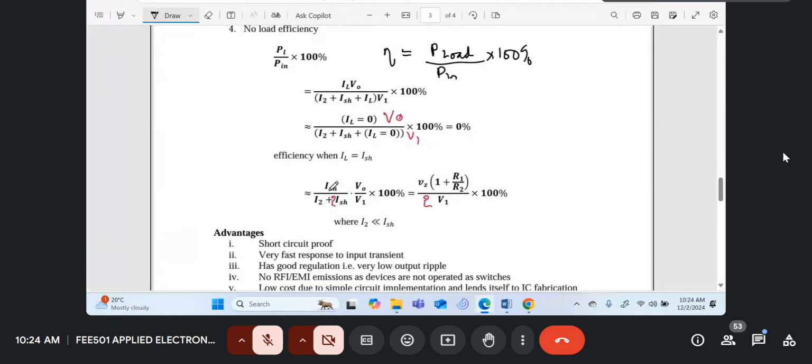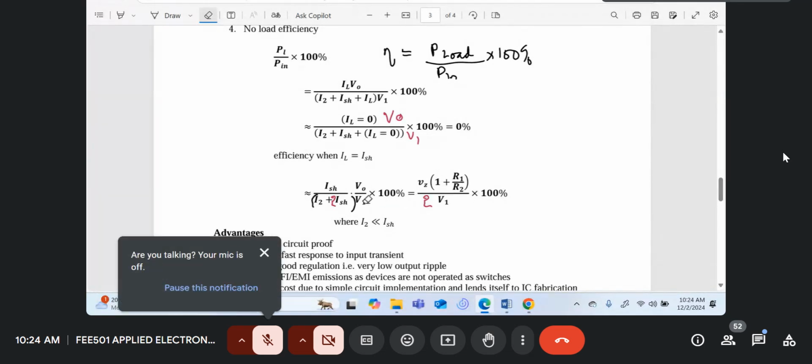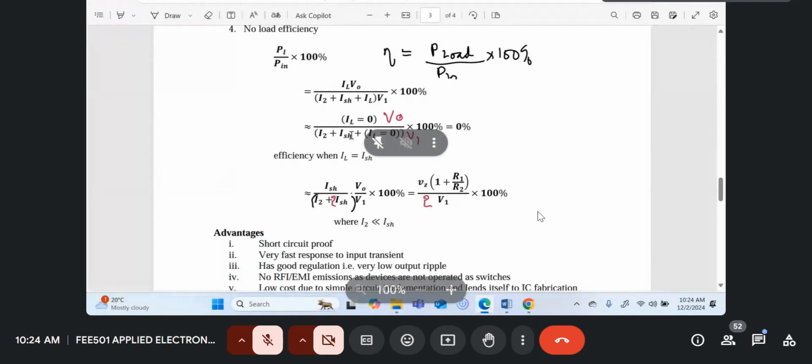So I'll just put I shunt in the numerator, because IL is equal to I shunt, into V naught, all divided by the brackets, I2, which is this first term over here, plus I shunt.